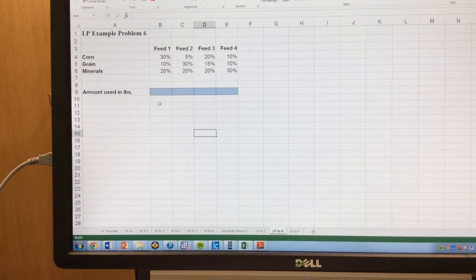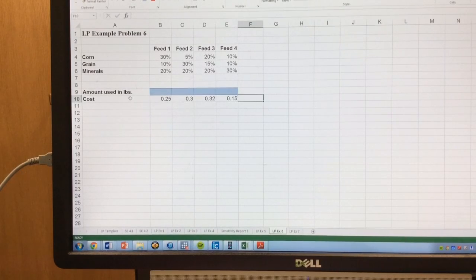Now we want to think of what's the cost for each one, because this is going to be our objective function, right? So our cost for feed 1 is 25 cents, for feed 2 is 30 cents, for feed 3 is 32 cents, and for feed 4 is 15 cents.